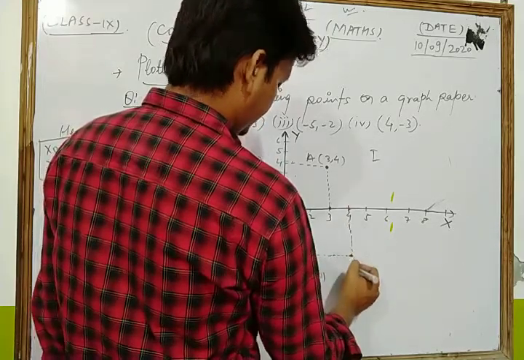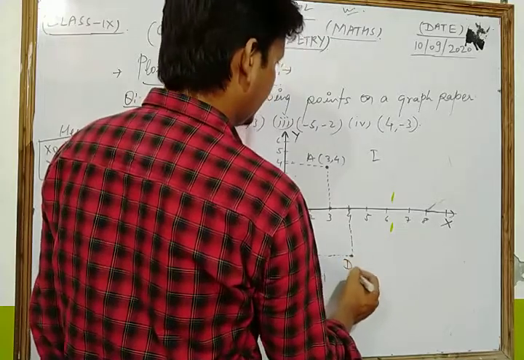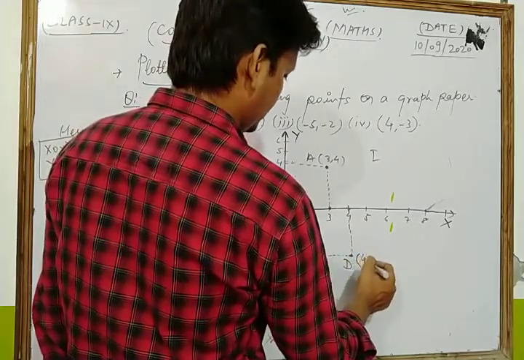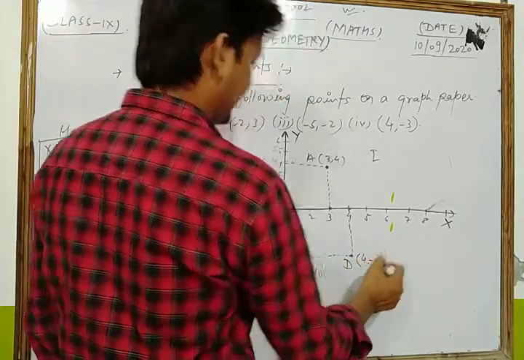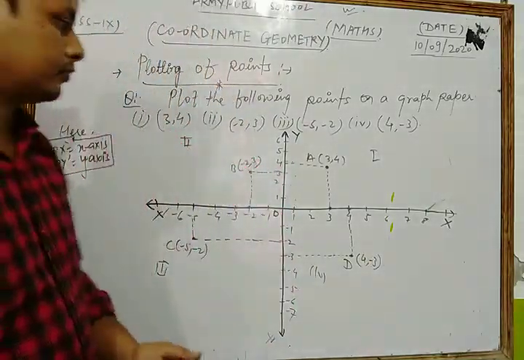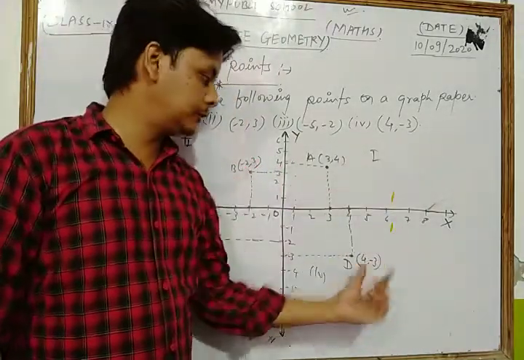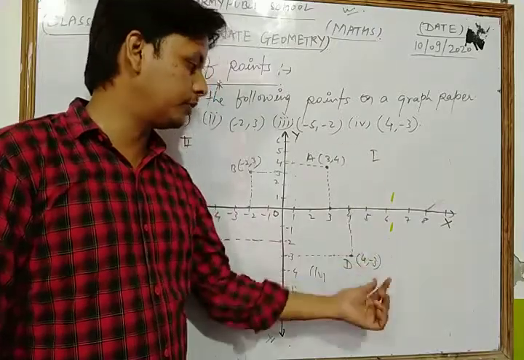Here is that point D, which is (4, -3). So dear students, that point is represented in this way.